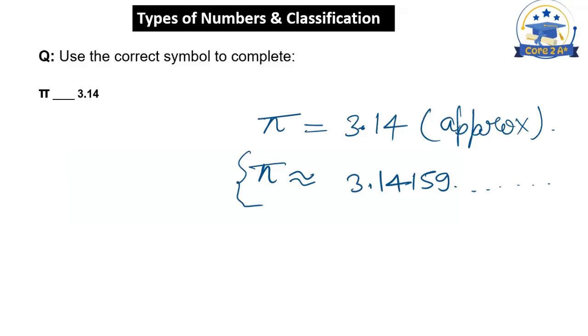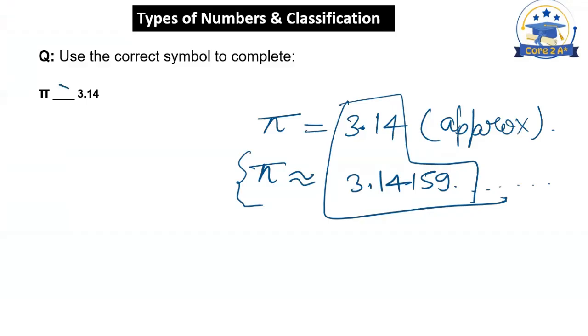Pi. So compared with 3.14, which one is bigger? Obviously pi. So we will fill in that pi is greater than 3.14, because 3.14 ends. Here we don't have any dot dot dot.